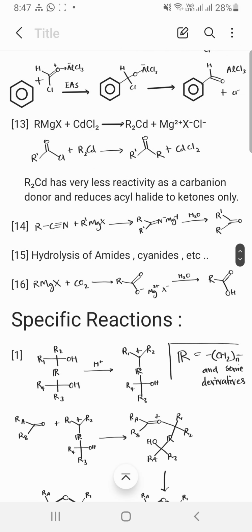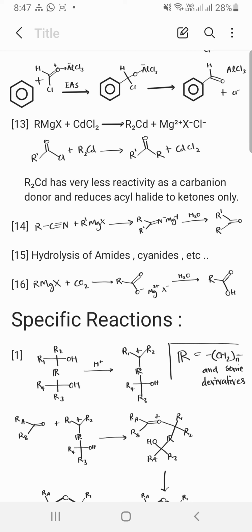But I believe even if there were two equivalents of RMgX, it would still be just a ketone, right? Because how is it going to create two negative charges on nitrogen? How does that even happen?